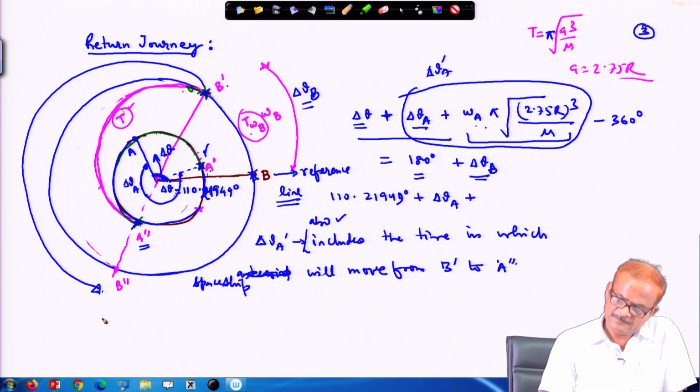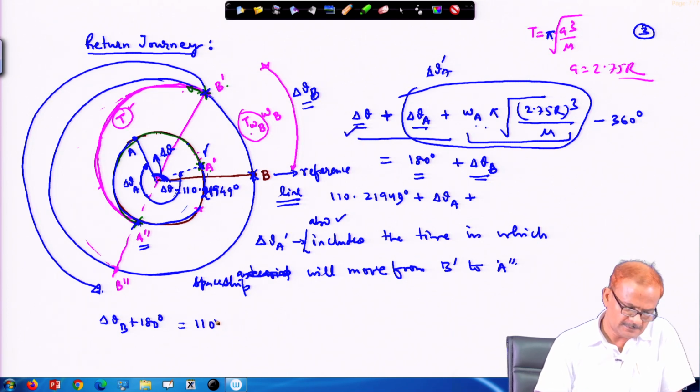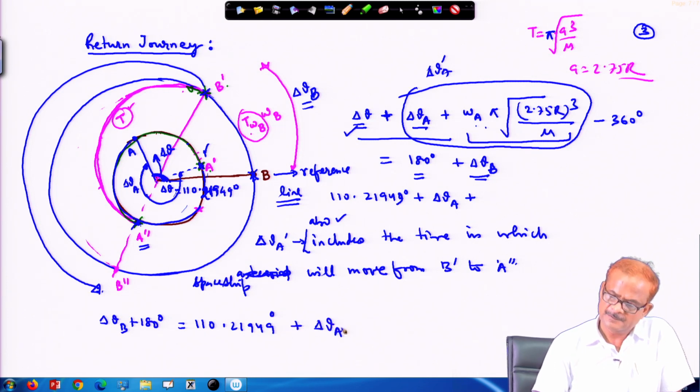So, therefore, we have delta theta B plus 180 degree equal to delta theta, which is already given, 110.21949 degree, plus delta theta A prime, and minus 360 degree.